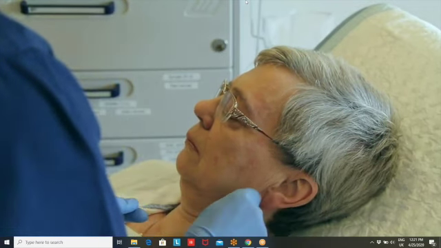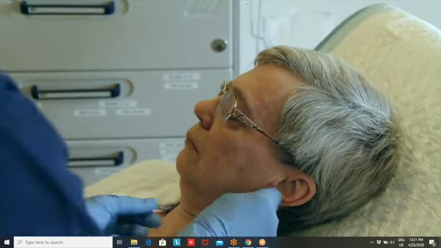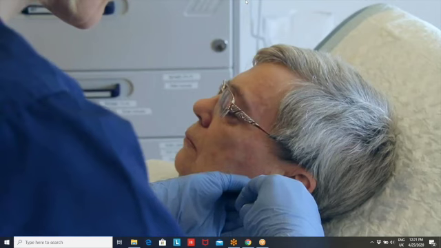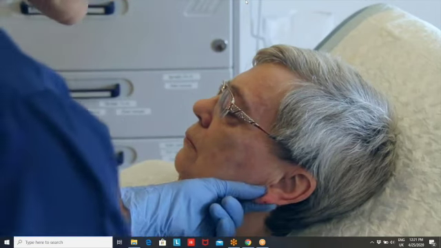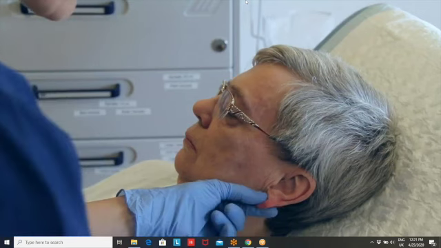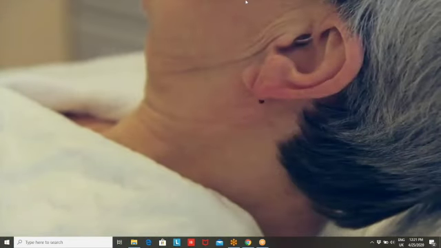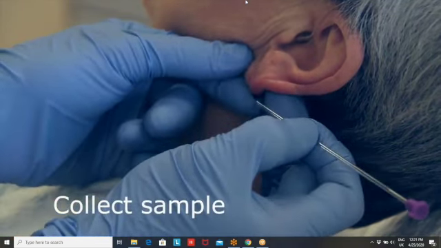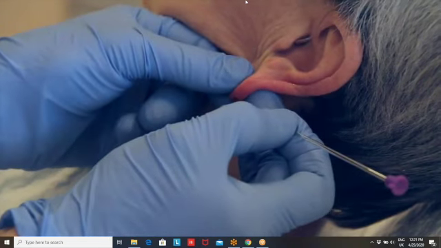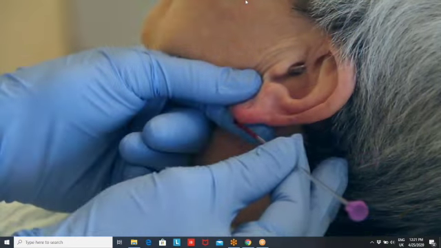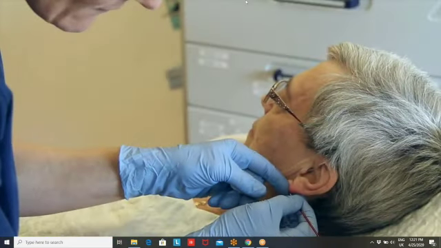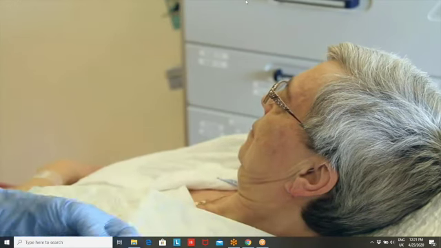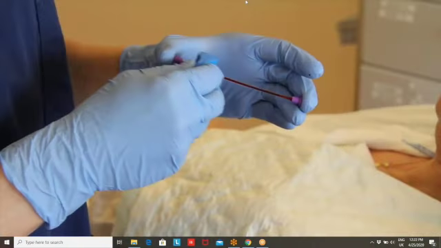Make an incision maximum 2 millimeters in, carefully, and in the middle of the earlobe. Wipe off the first drop of blood.